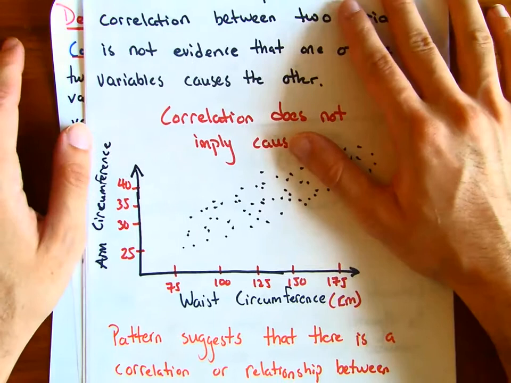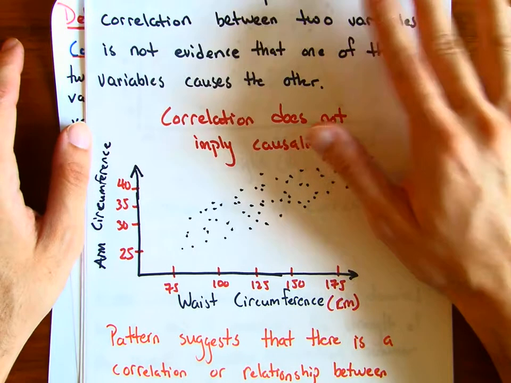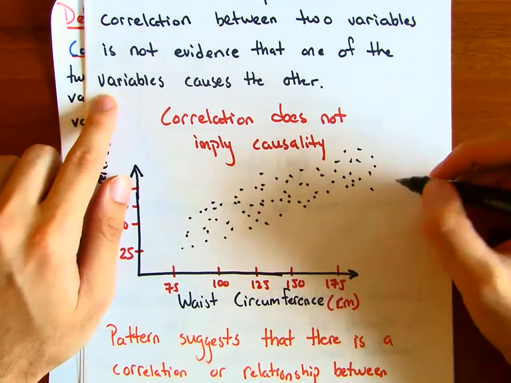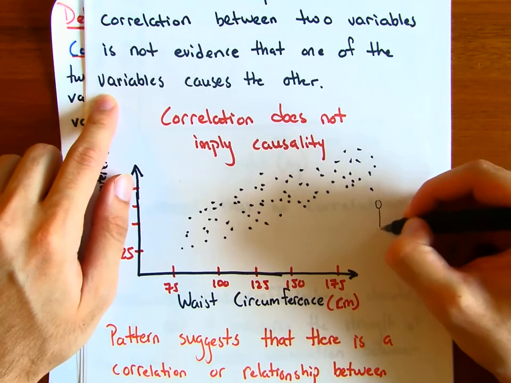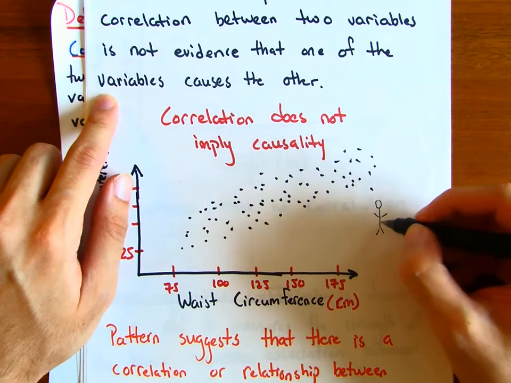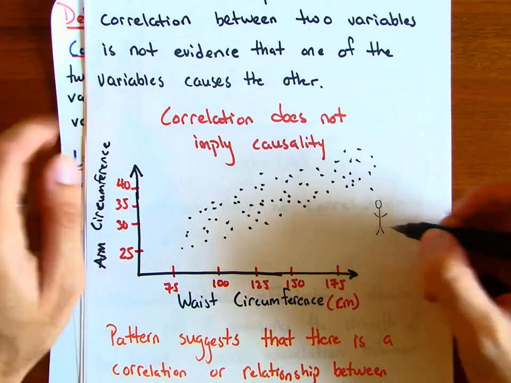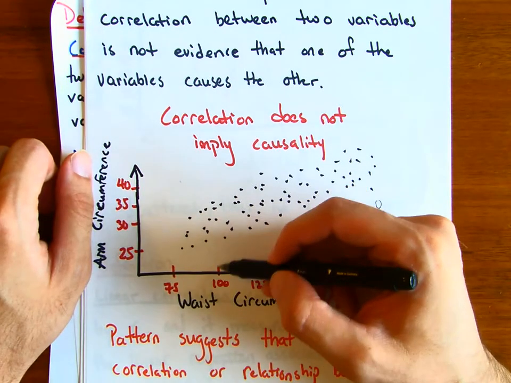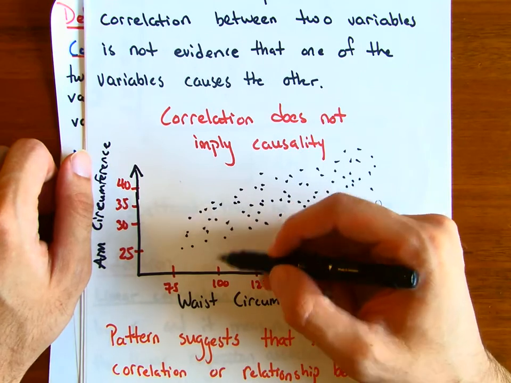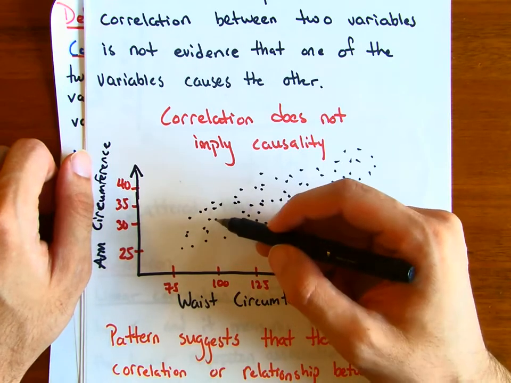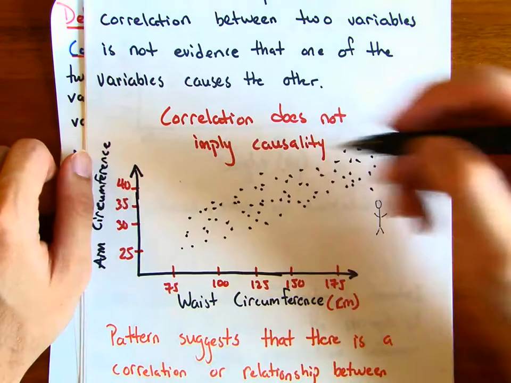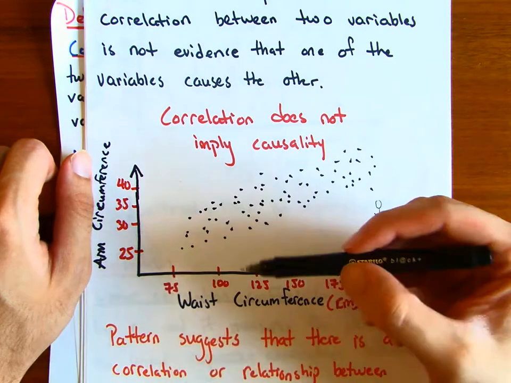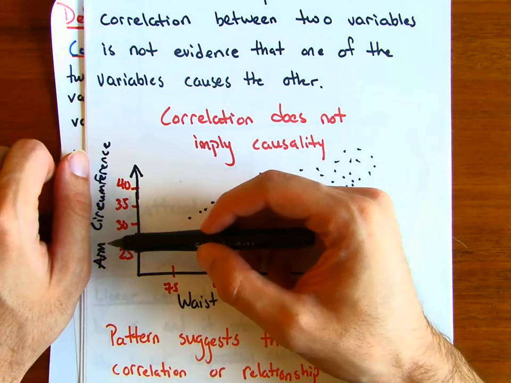But let's take an example. Let's say we have somebody, and whatever their waist circumference is, notice how if we had one person who weighed, let's say 100 kilograms, which is like 220 pounds, notice that their arm circumference over here, there is some sort of correlation between waist circumference and arm circumference.